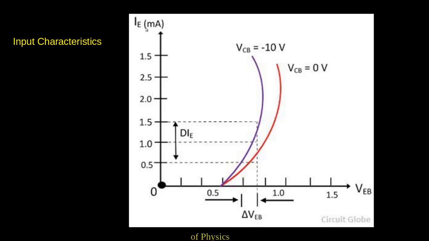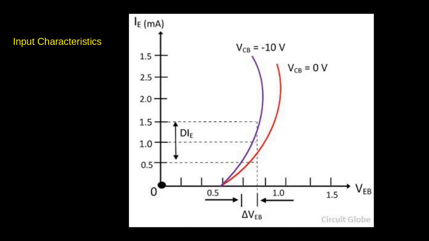So on the y axis we are taking the emitter current, whereas on the x axis we are taking the change in voltage across the base emitter junction. This is called the input characteristics curve, the IE and emitter base voltage at constant VCB, and this line shows the input characteristics.